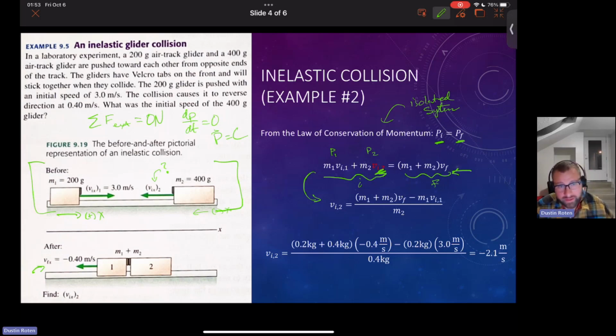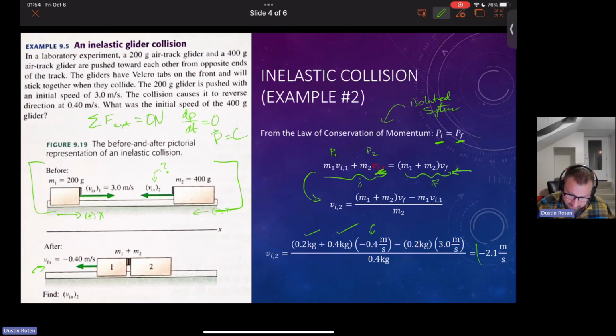So I can just plug in what I know, what I don't know. I do know that we got two masses here. We got the 0.2 kilogram cart, the 0.4 kilogram cart. My final velocity, I know what it was. This is the velocity of both of them as one object. Plugged that in. Looks like I know everything in my equation, and I'm good to go.